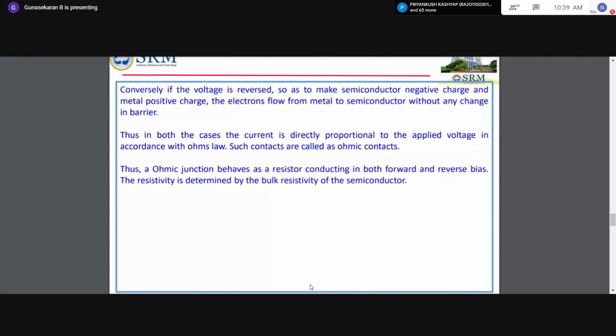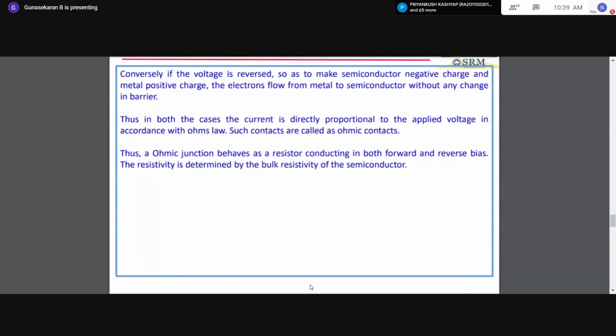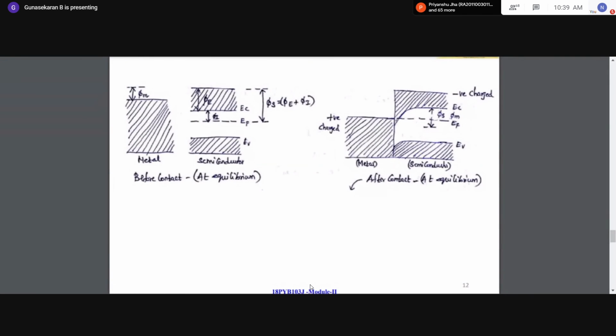Yes. So the diagram we are going to see here: before contact, this is phi m, the metal, and that is the semiconductor. Here phi s is greater than phi m. That is the initial condition. Once the junction is formed, the electrons are moving from metal to semiconductor initially.